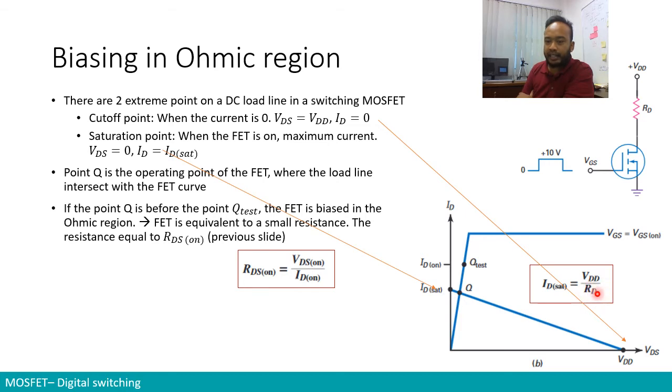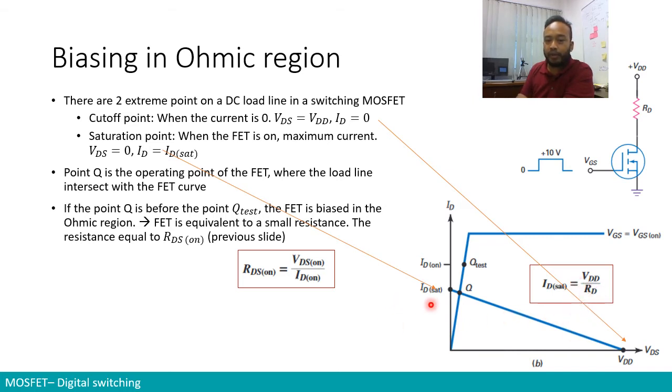If RD is high, then the ID saturation will be lower, so the slope of the load line will be smaller. But if we have a low RD, then our slope over here will be much higher, right? So the point Q can be displaced on this line over here. It can be smaller than Q test, or it can be higher than Q test, depending on the load line, which depends on our biasing, on the value of the resistor that we put.